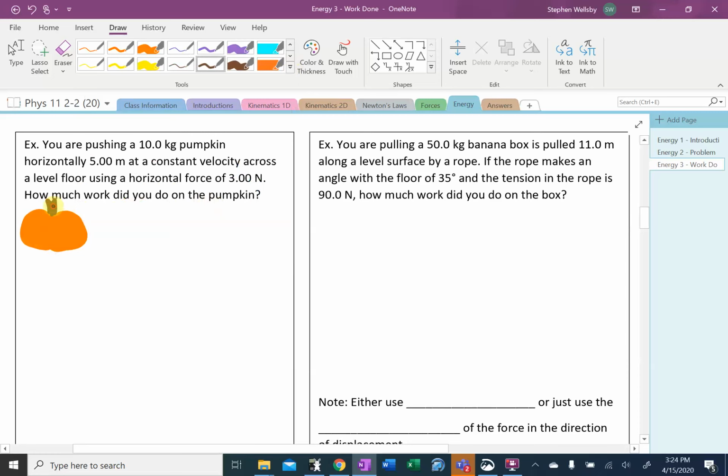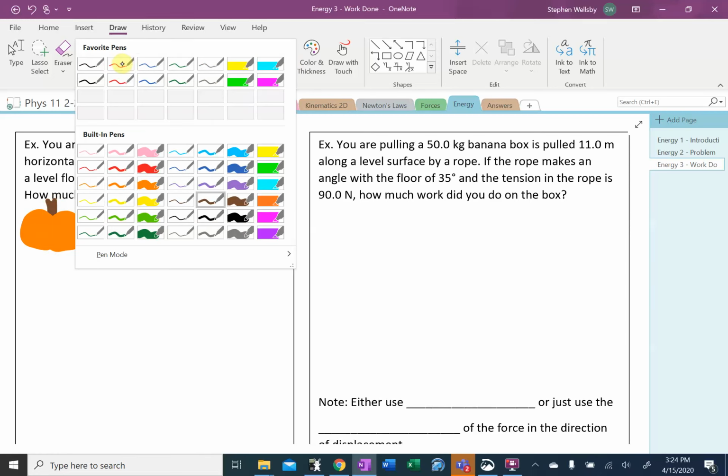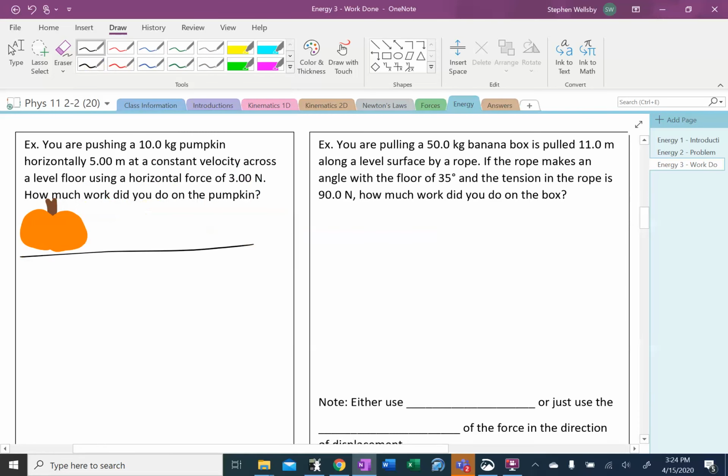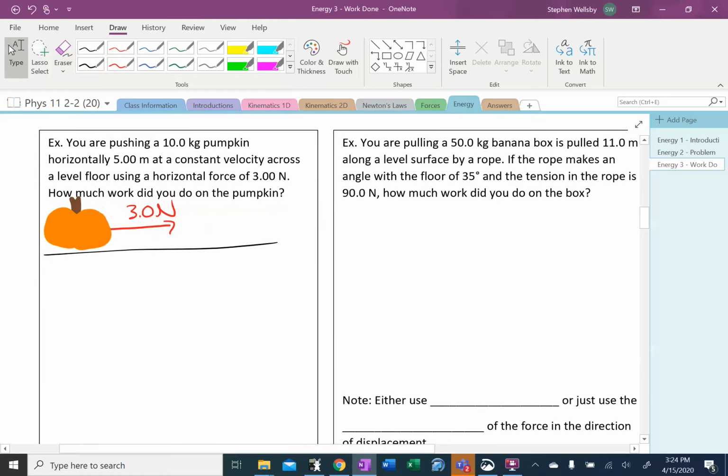So here's my pumpkin here, and I'm applying a force of 3 newtons in this direction here. So let's use a red arrow. So this is 3.0 newtons. That's the force I'm applying, and it's moving a total distance of 5.00 meters.